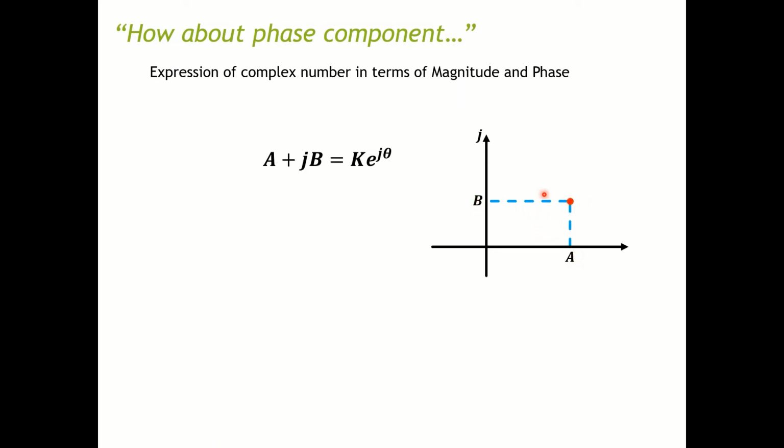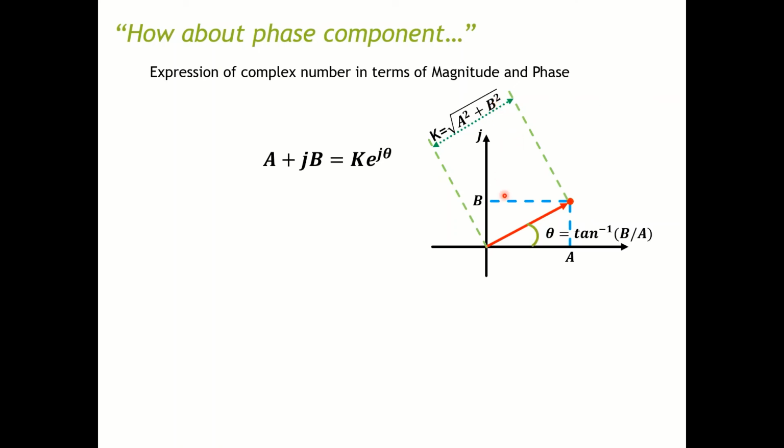Another way to express a complex number is in terms of magnitude and phase. Magnitude is when you draw a vector from the origin to the point of interest, then measure the length of this vector. If you apply Pythagoras, this length is equal to the square root of a squared plus b squared.